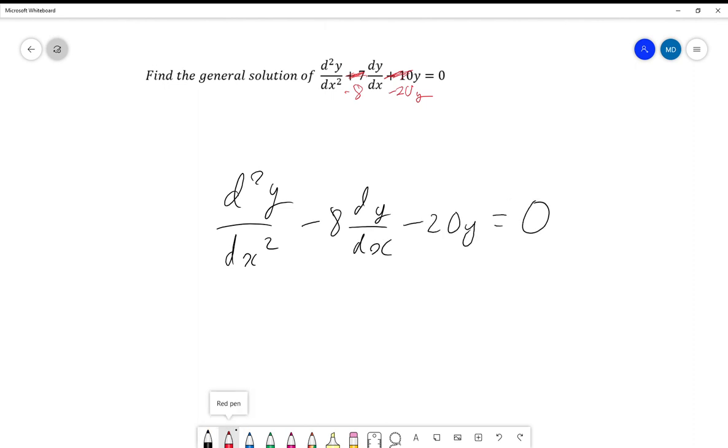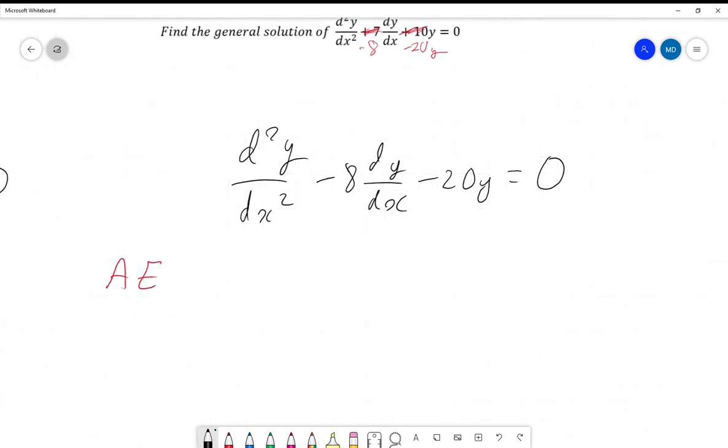And we can jump straight to the auxiliary equation. Our first coefficient is 1, so it's just going to be alpha squared. Our second one is minus 8, so it's minus 8 alpha. And then our third one is minus 20 equals 0.